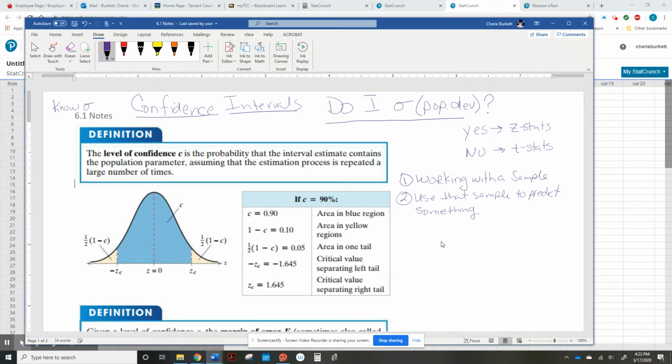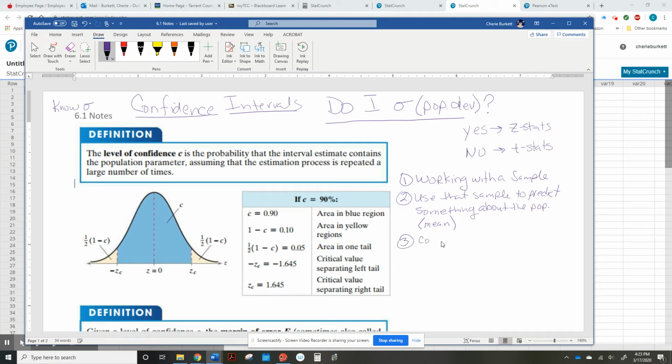I started to put mean right here because I think that's what we do almost every single problem, we predict the mean, but I don't think it has to be the mean. So we're going to work with the sample, and then use that sample to predict something about the population. Most likely, it's going to be the mean of the population.